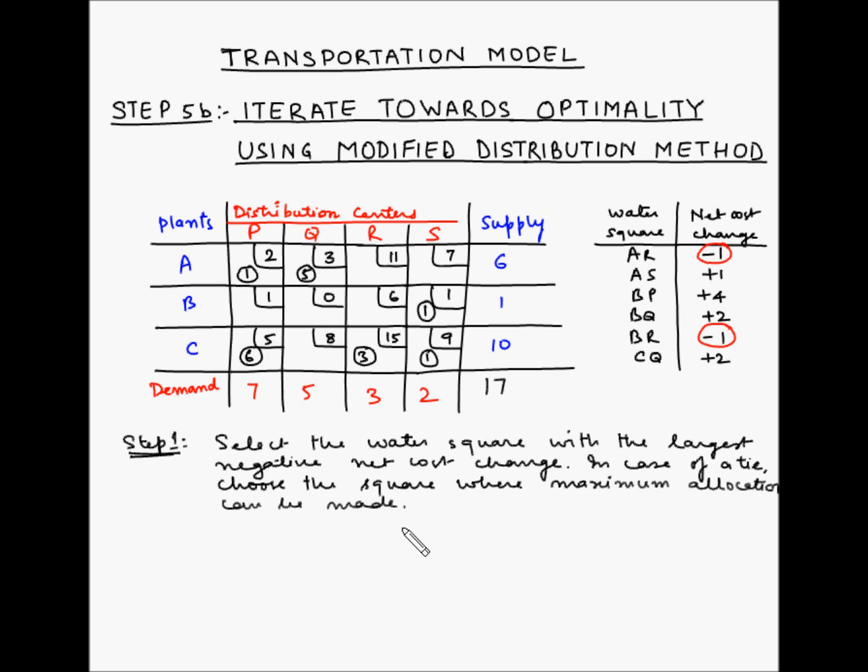Now in order to find out the maximum that can be allocated to each square, let's draw the closed path for squares AR and BR. So for AR, the closed loop will be AR, AP, CP, CR, and back to AR.